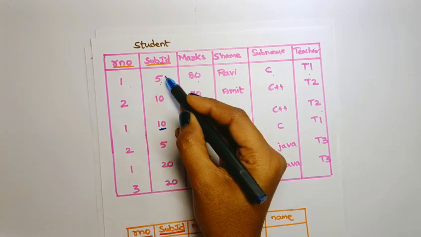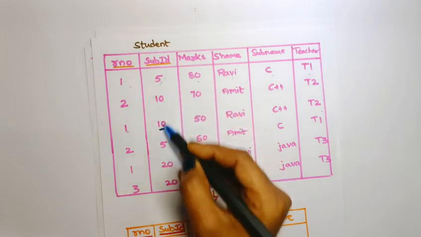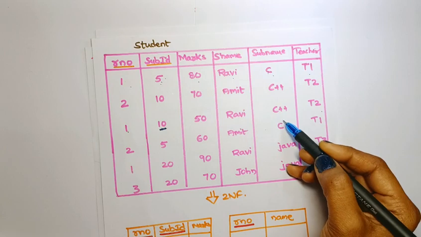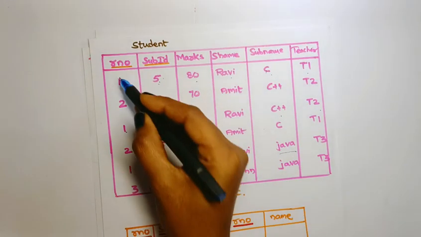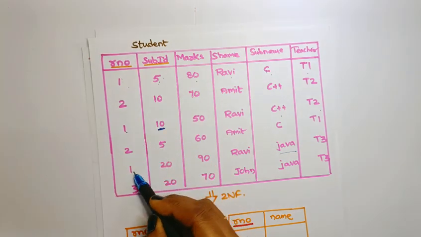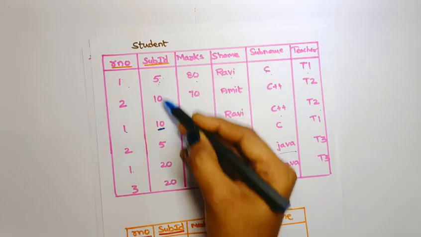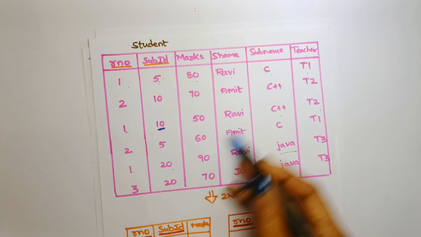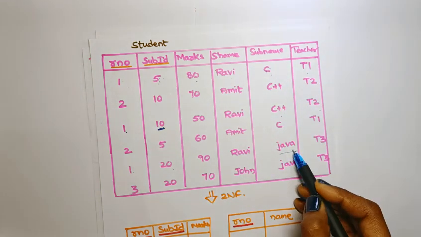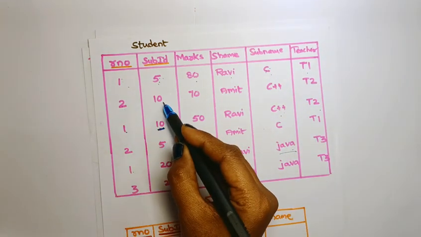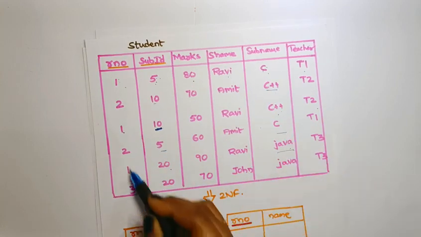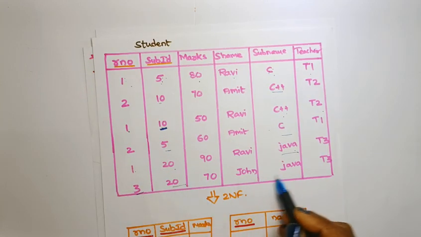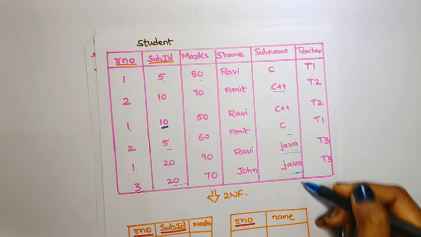For example, in some institution he joined for C and C++ and also he joined for Java. So here roll number 1, subject ID 5, 10, 20: C, C++, Java courses joined. Roll number 2 joined for the C++ course and also the C course. Roll number 3 joined for only the Java course.